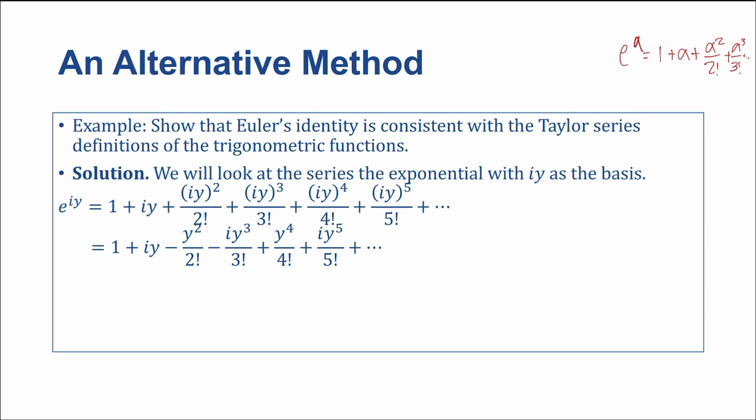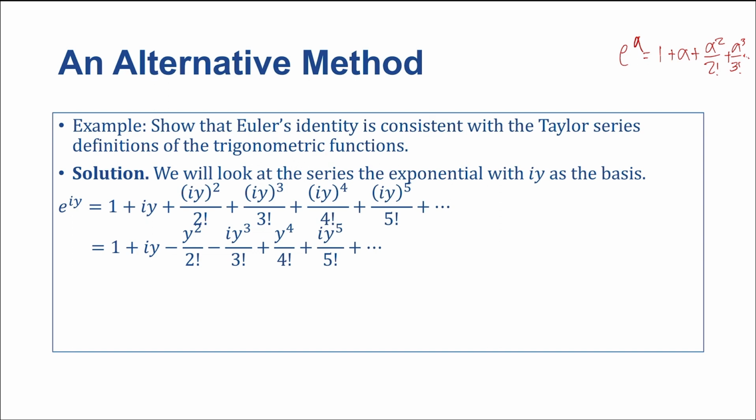Obviously 1 plus iy stays the same. However, if I square i I get negative 1, so I get minus y squared over 2 factorial. If I cube i I get negative i, so I get minus iy cubed over 3 factorial. If I raise i to the 4th power, I get plus y to the 4th over 4 factorial. And if I raise i to the 5th power, I get i again times y to the 5th over 5 factorial, and so on.